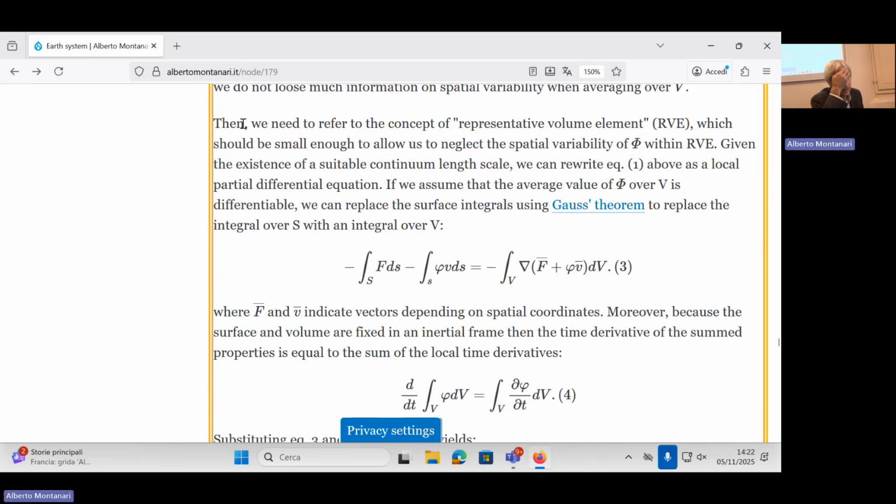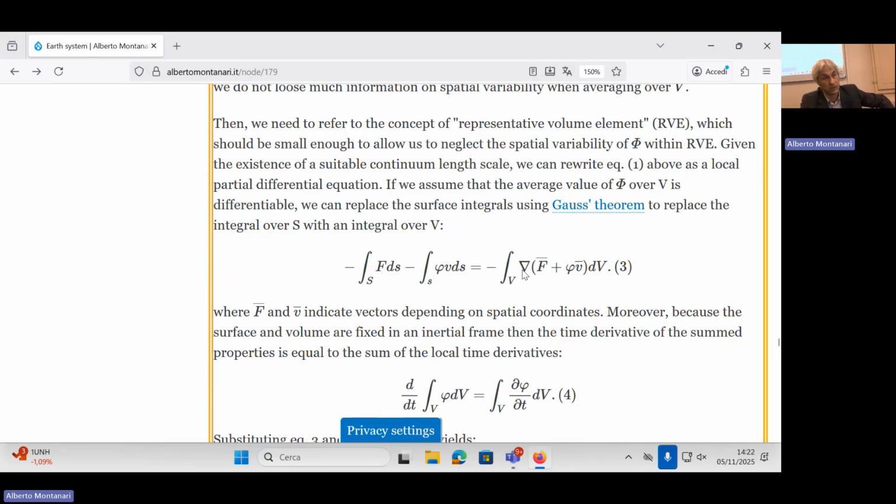Now, let's call into play the Gauss theorem, which allows us to replace the surface integral with the volume integral. So we can use this relationship here. And here, sorry, I needed to put a capital S here. And so I can substitute these two terms that previously were at the right-hand side with a unique term that is the divergence.